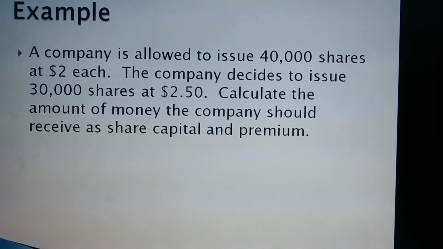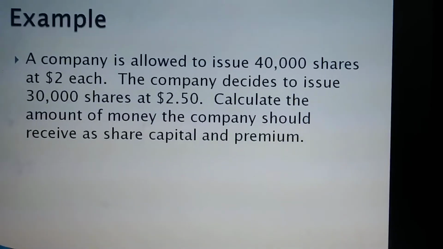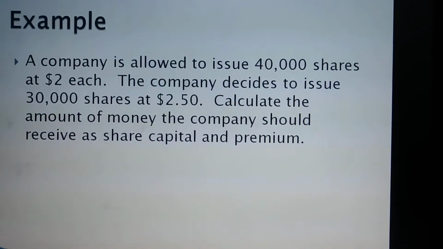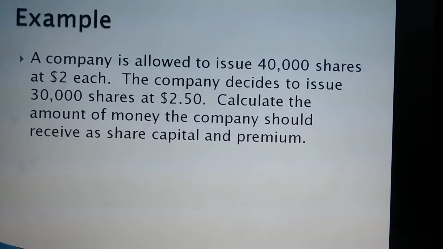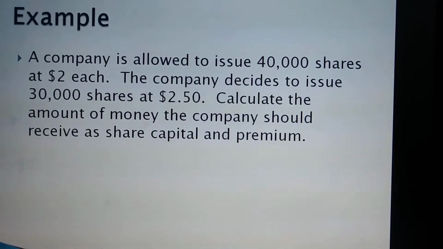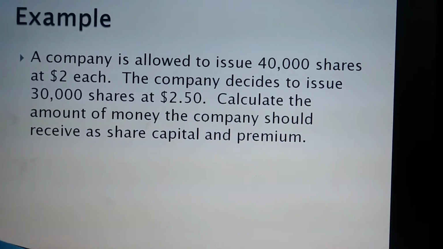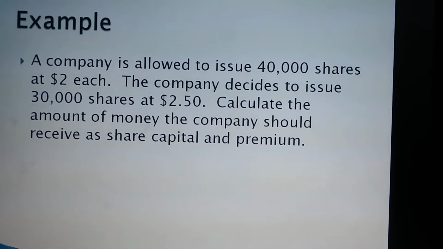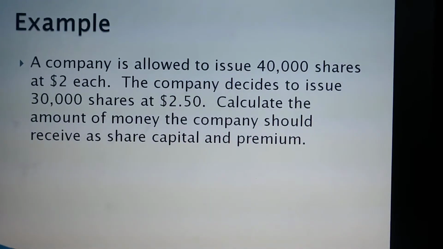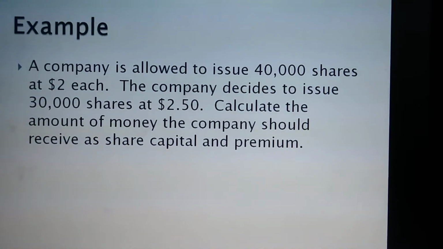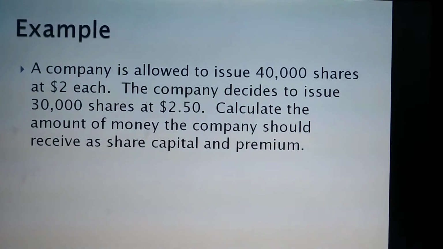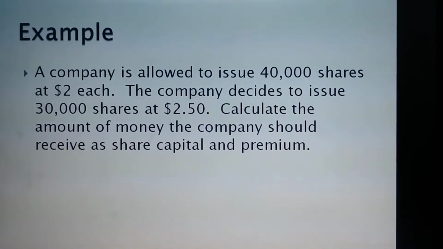Yes, a premium. Now, an example. A company is allowed to issue 40,000 shares at $2 each. The company decides to issue 30,000 shares at $2.50. You are therefore required to calculate the amount of money the company should receive as share capital and premium.